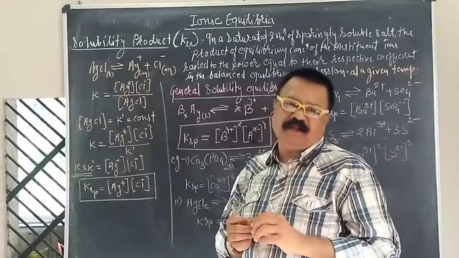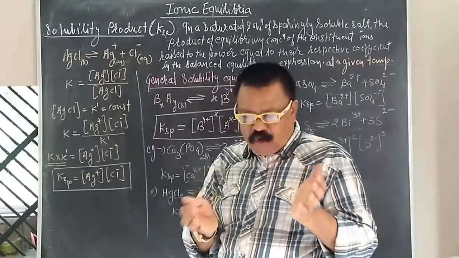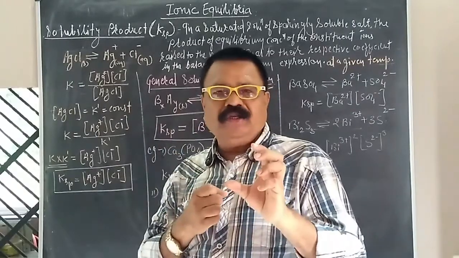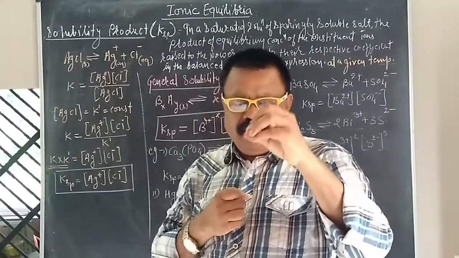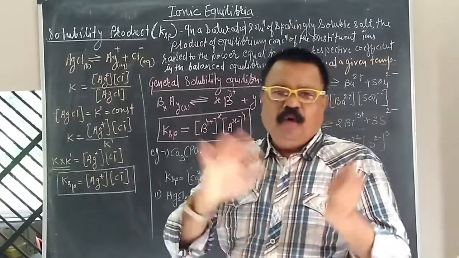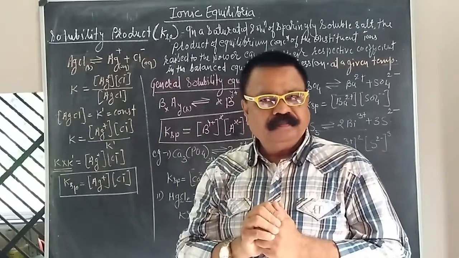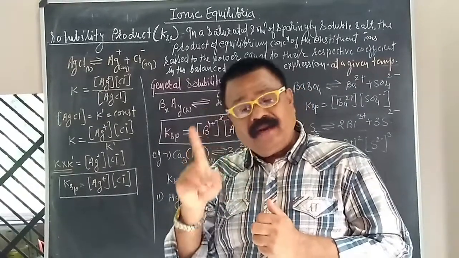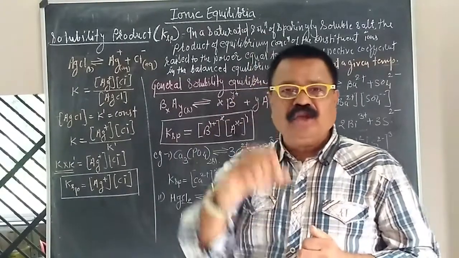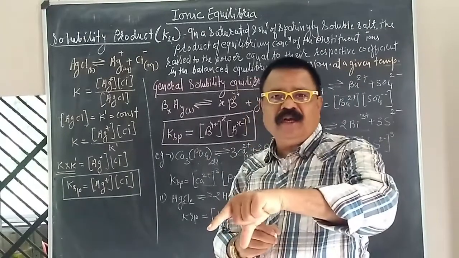That is the sparingly soluble salt. So if we take a sparingly soluble salt, when it is dissolved, a very few quantity of the salt is dissolved inside the water, while most of the quantity remains in an undissolved state, then at that time the sparingly soluble salt reaches the saturation level, that means it becomes the saturated solution.